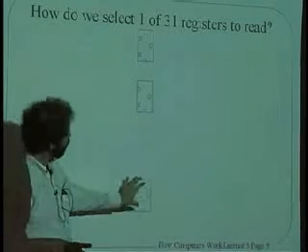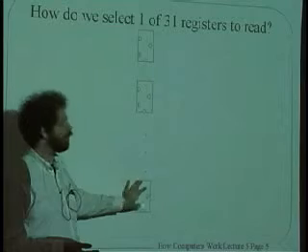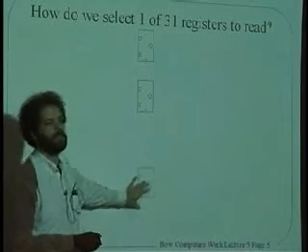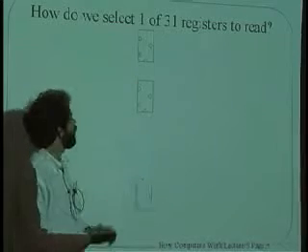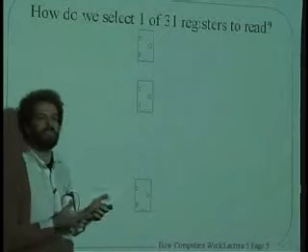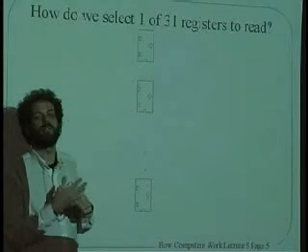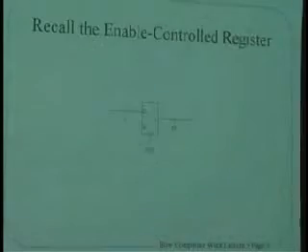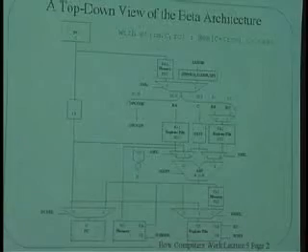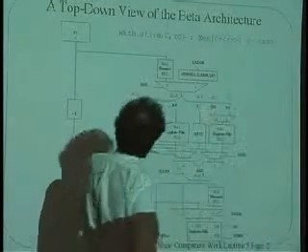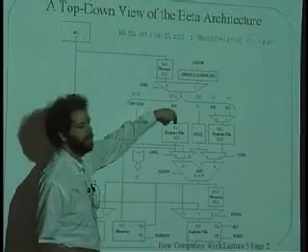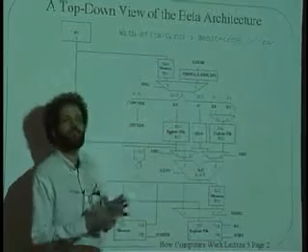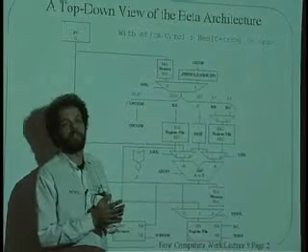And the question is, if we have these building blocks, each of which acts as a camera, so now we have 31 cameras arranged all in this column here, how do we build a system to select which one of those I want to read on any given cycle? Because again, I'll go back to the architecture here, and if you remember, the way that this worked is that we had a 5-bit address that came in here on RA1, and that selected one of the 32 registers, right?